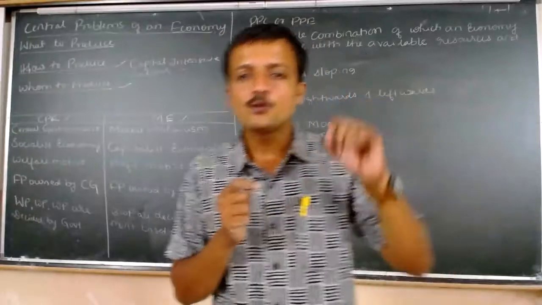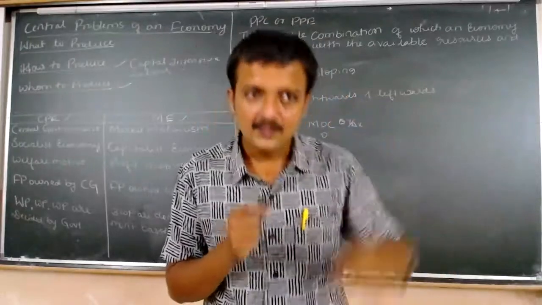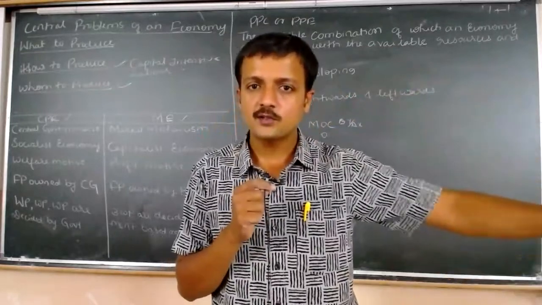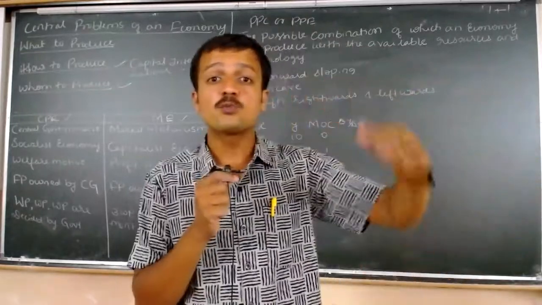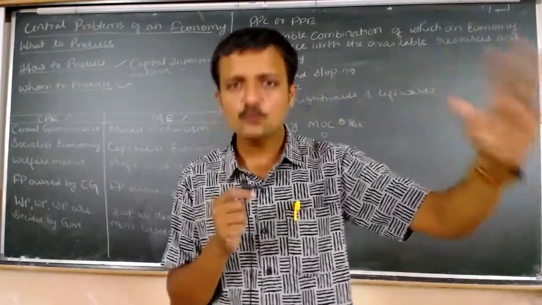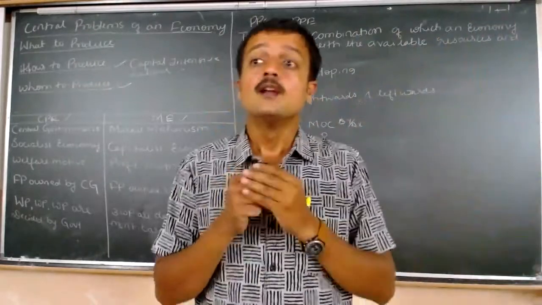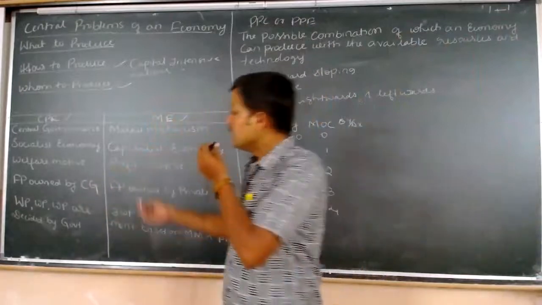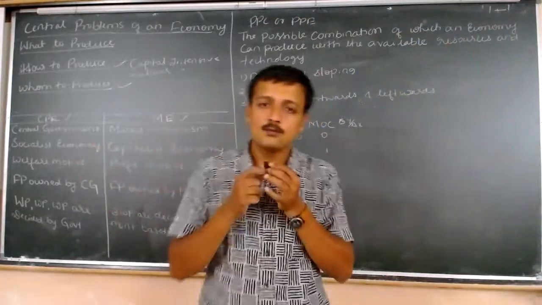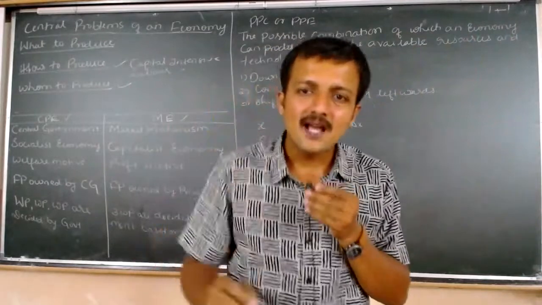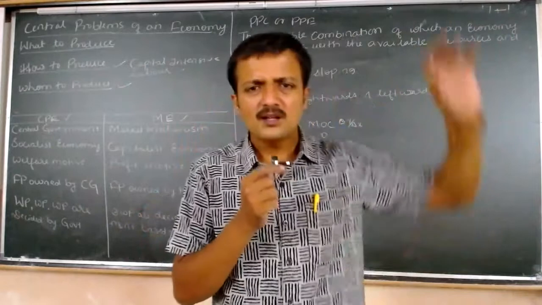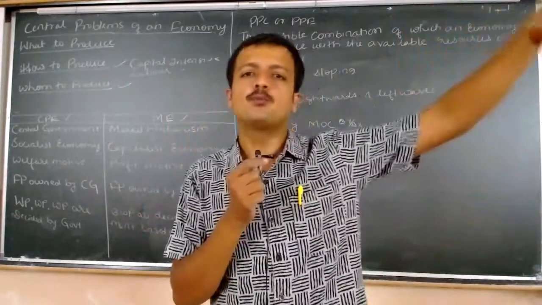Now, whether you need to target the lower section, that means the poor class should be reached, or you will be producing goods for the rich class, that you need to determine. Okay, so how it will be decided, I will tell you. If it is a centrally planned economy, it decides that the goods should reach the poorest person.